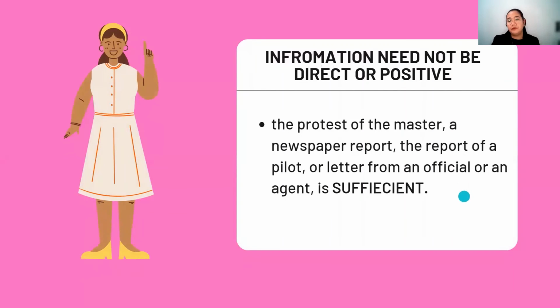Here, information need not be direct or sufficient. It is sufficient that the information came from the protest of the master, or a newspaper report, the report of a pilot, or a letter from an official or an agent.